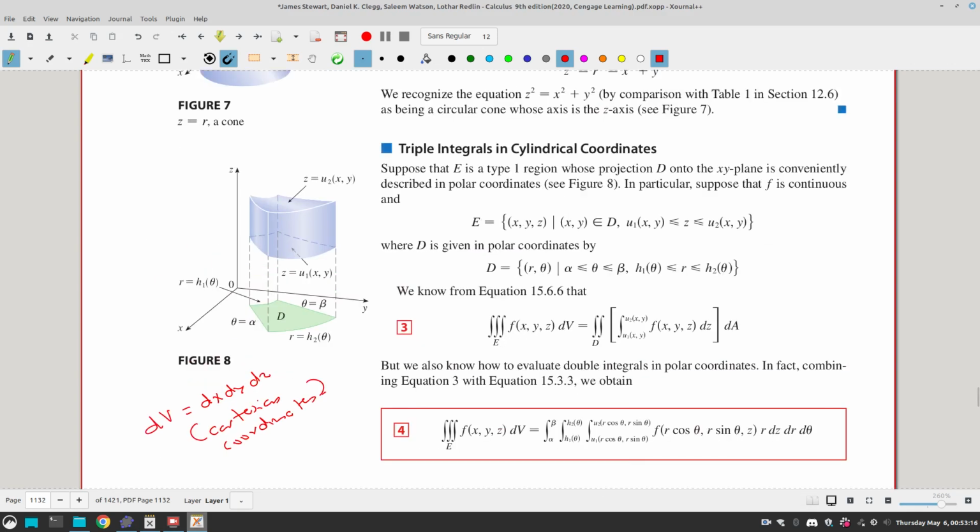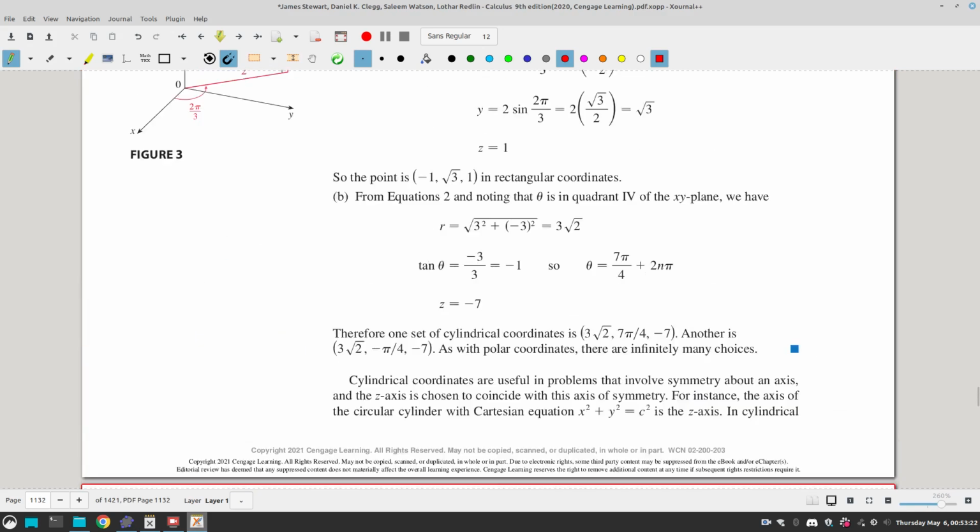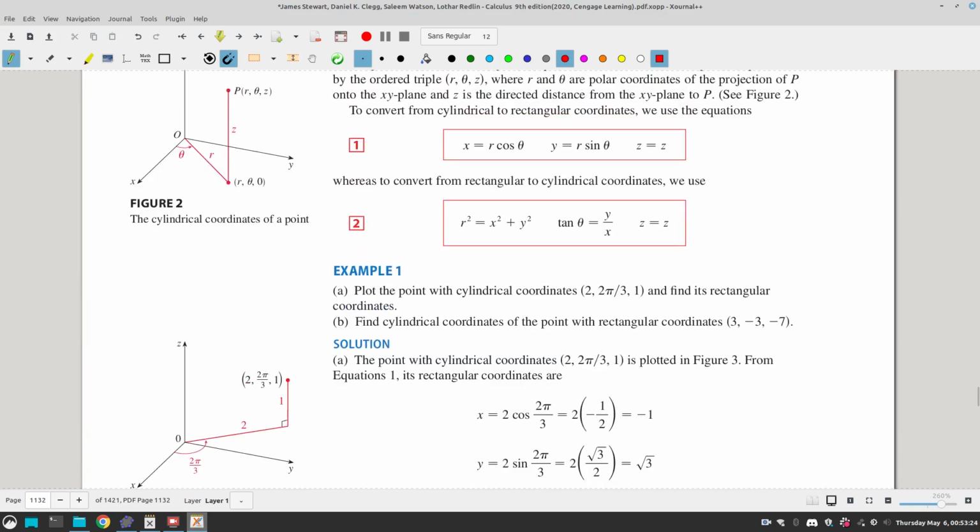In cylindrical coordinates, remember, r is distance on the xy plane, and theta is the angle on the xy plane.